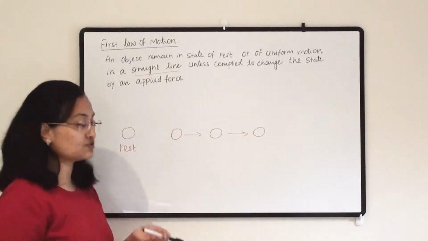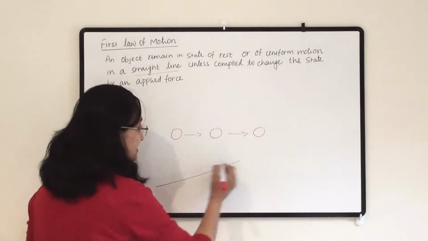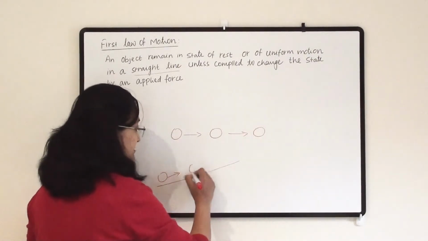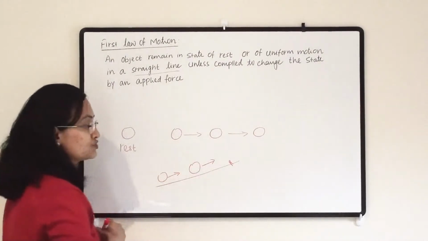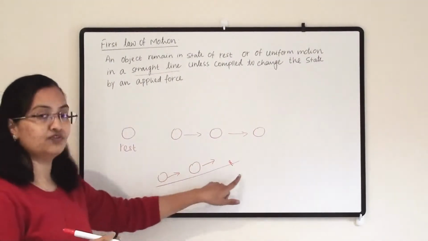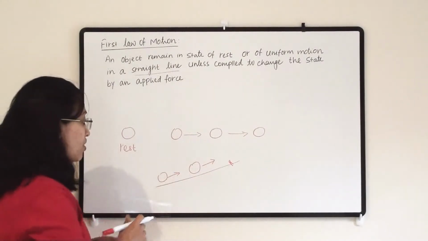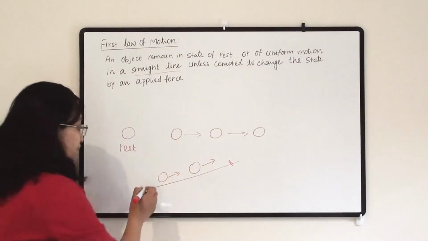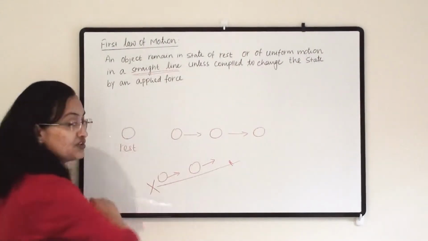Because if there is a slope here, imagine this situation that it is moving on the slope, on an inclined plane, then at one position it is going to stop. It cannot go further as it is moving on the slope. So we are not arguing here for this kind of situation. That's why we have to write this straight line.